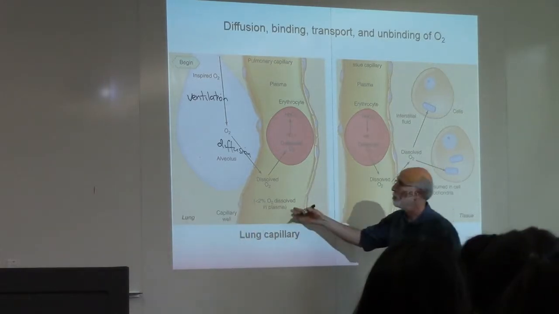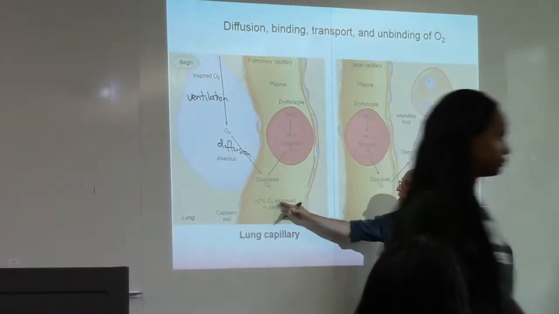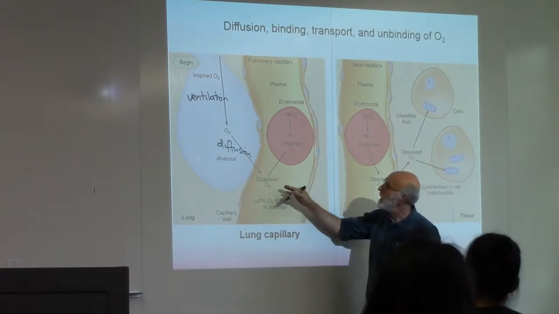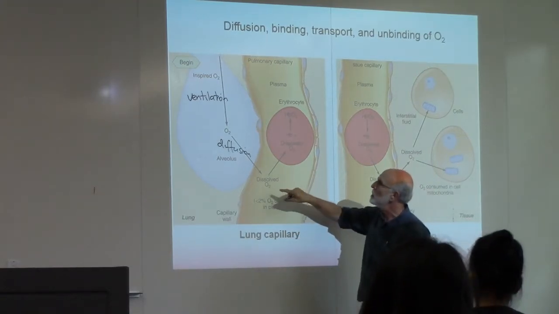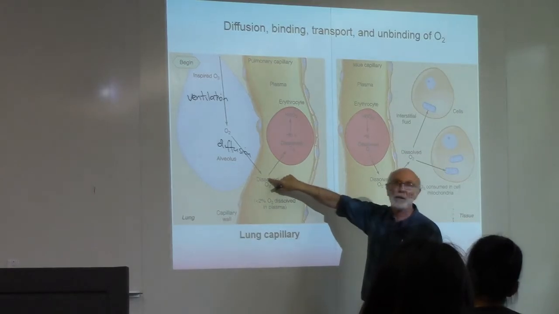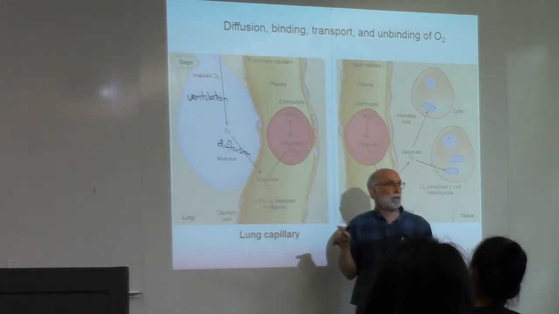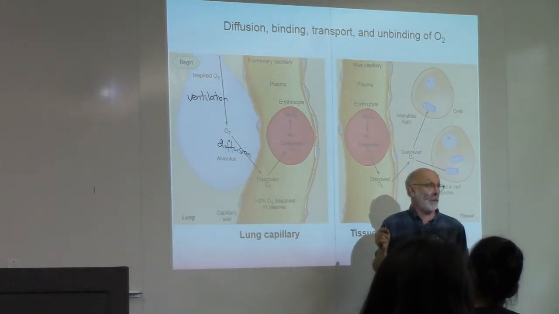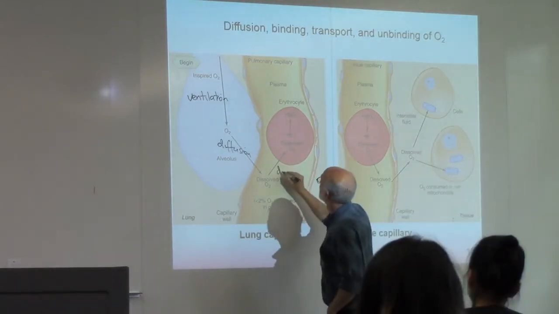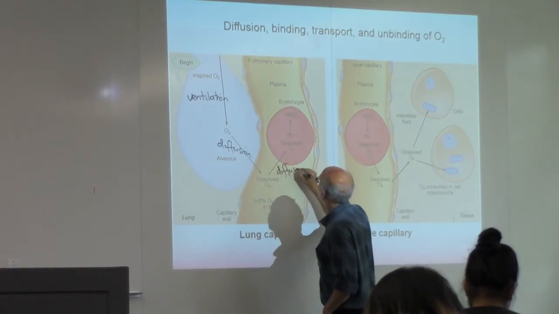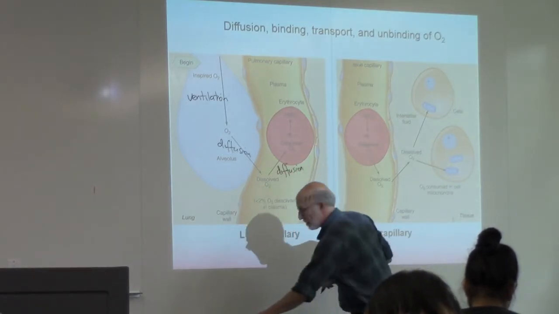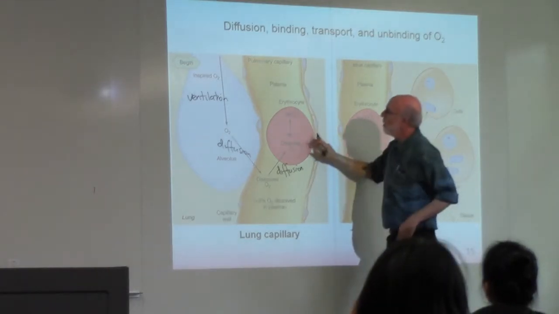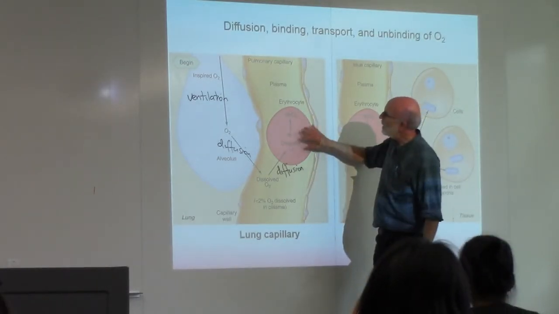It diffuses into blood plasma, where a very small amount of it is dissolved. What's the name for the arrow that moves oxygen from the blood plasma into an erythrocyte, a red blood cell? Diffusion. What's the name of this arrow that is showing an equilibrium?